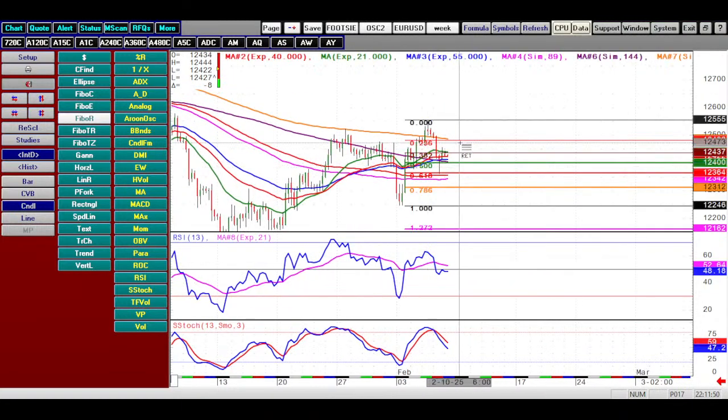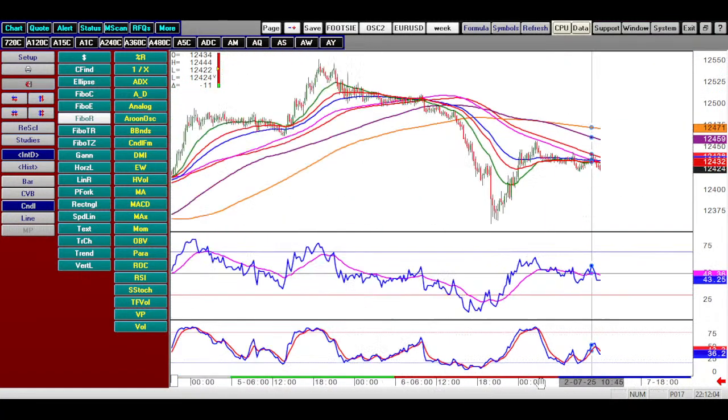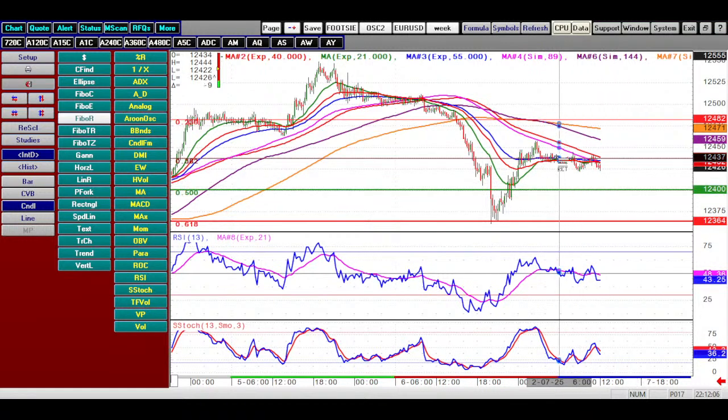Yesterday we had a pullback, and most likely this might be the low, but yet to confirm. The confirmation will only come once the price breaks this high.